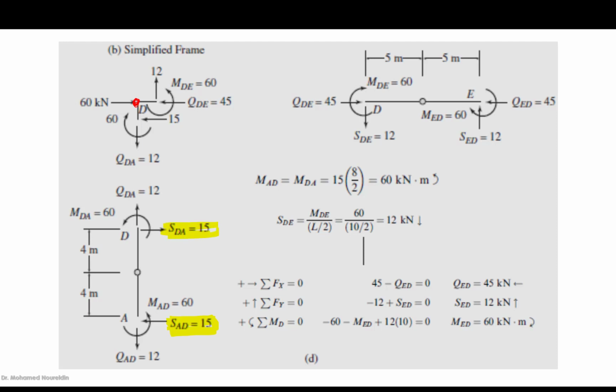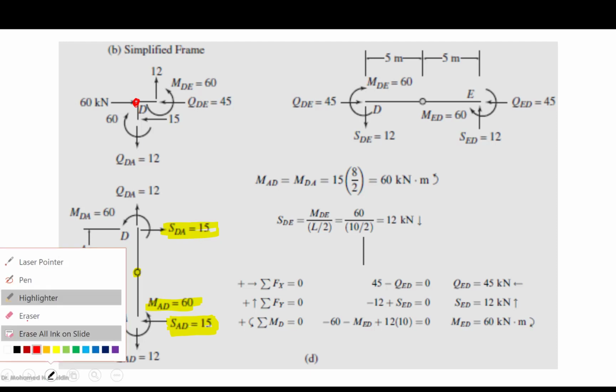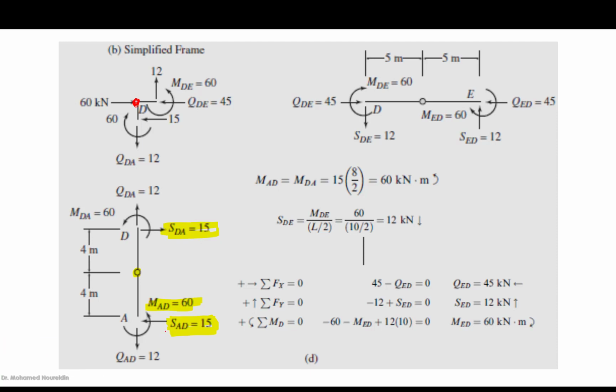We know the shear and we know the shear. And we should know the moment here, which is 60, because from the equilibrium at this point, this is 15. So let me use another one. On the highlighter, it's the pen here. So this is 15, we know it.